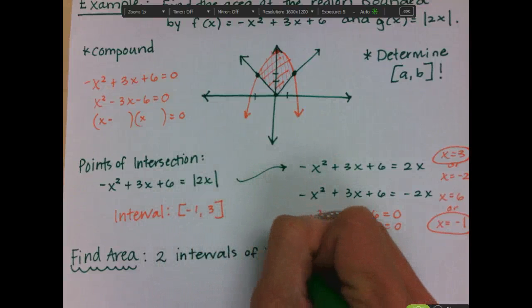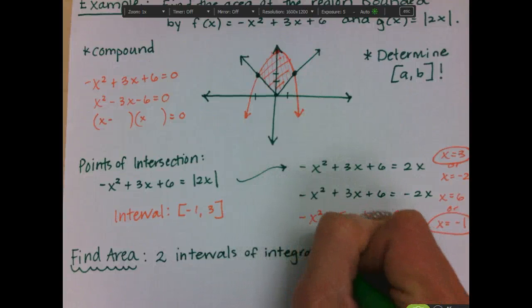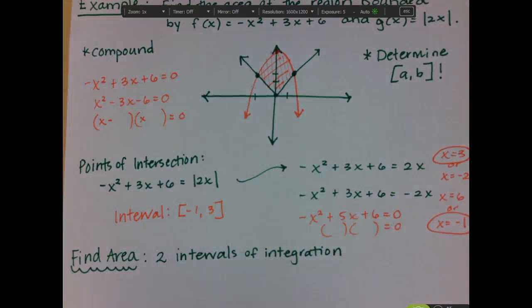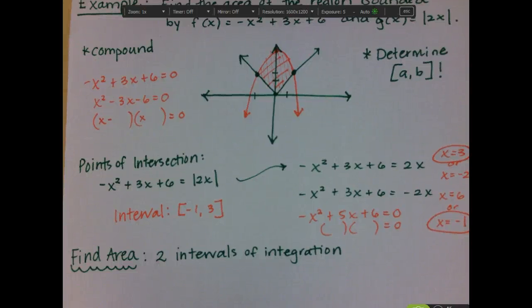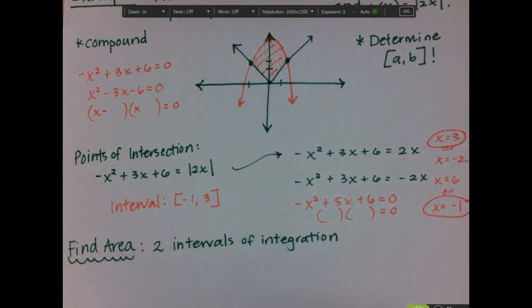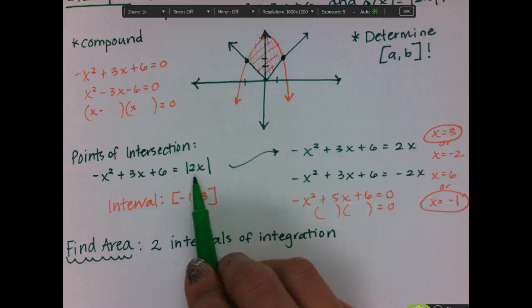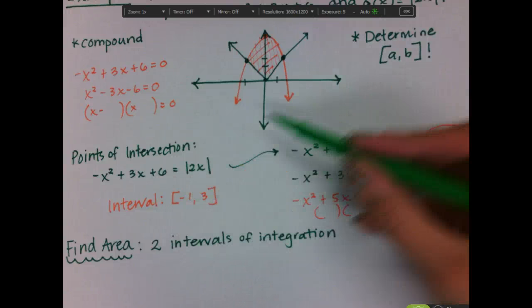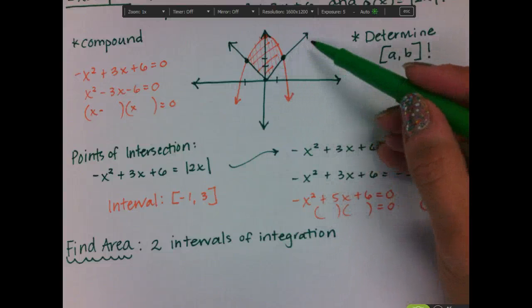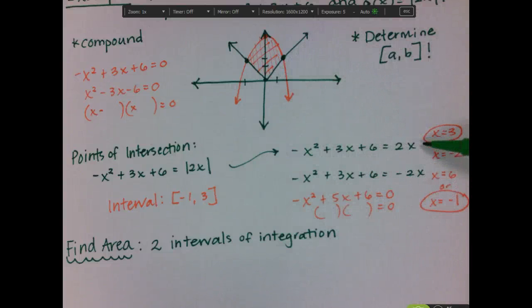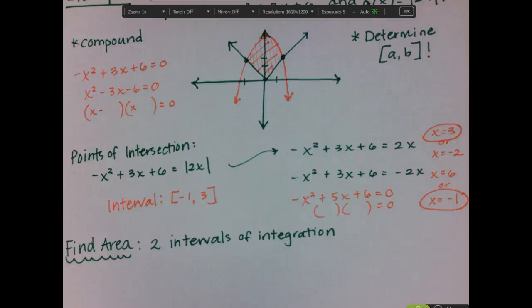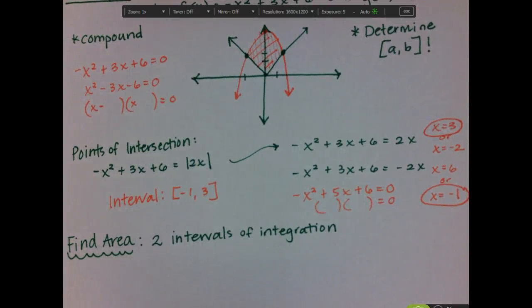So we need to set up two different integration pieces over two different intervals, and we need to add them together. And the reason is that we can't integrate the absolute value of 2x, but we can integrate each of the components that make up the absolute value graph. We can integrate 2x and we can integrate negative 2x. So that's what we're going to do.